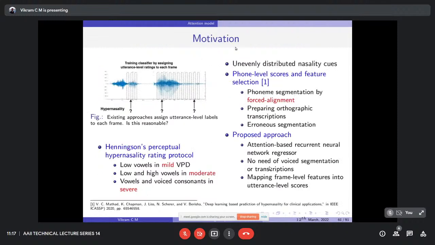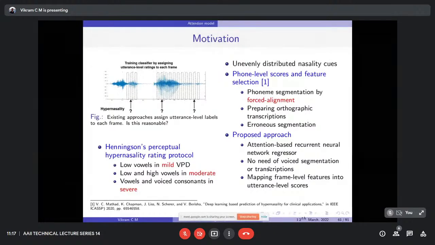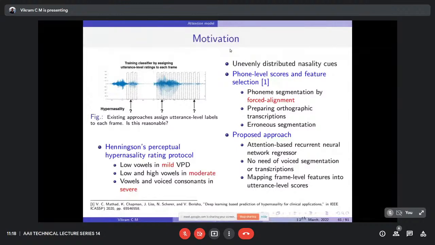One more work we developed is an attention-based approach for hypernasality evaluation. Why is attention required? Most of the time our ratings are at the utterance level or at the speaker level. If the ratings are at the speaker level, we resample them for the different utterances.